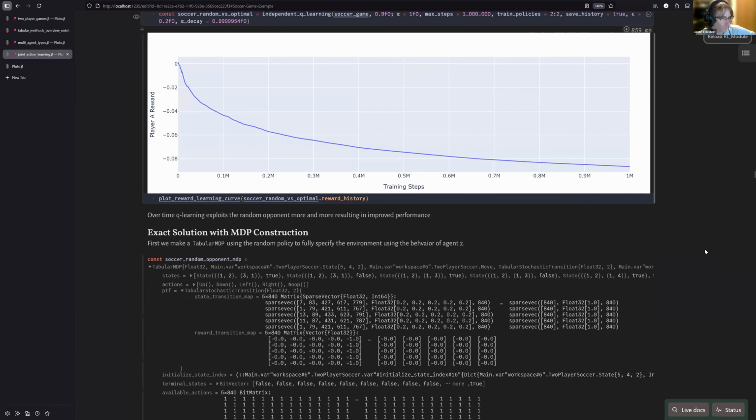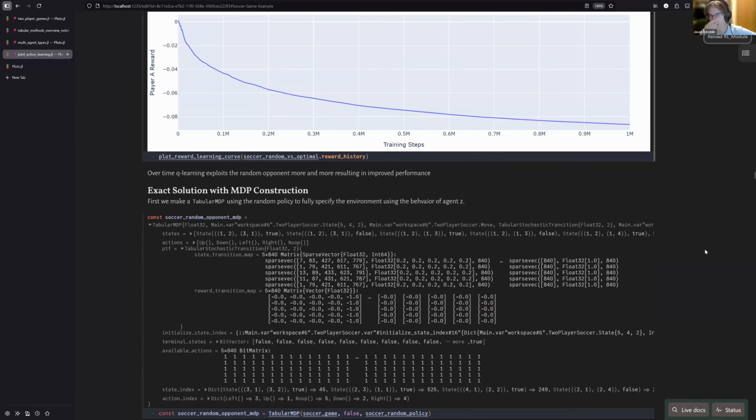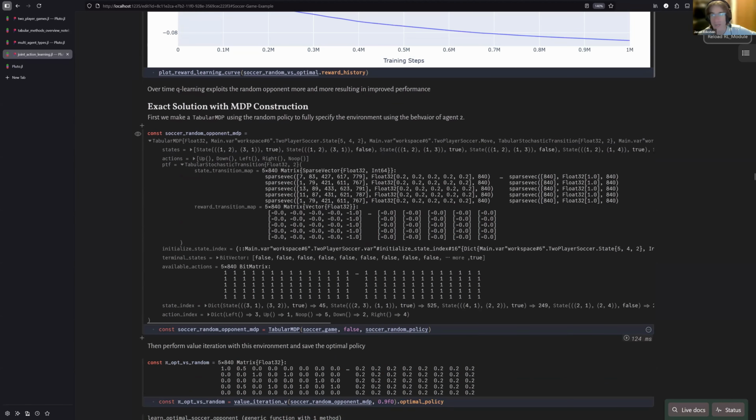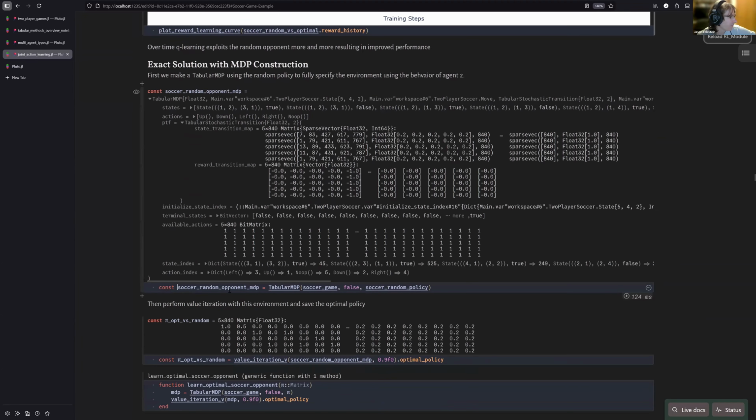The other thing we can do is, I added this utility to this notebook, and the way it works is that we form an MDP for the soccer game with a random opponent. Now this is no longer a stochastic game.